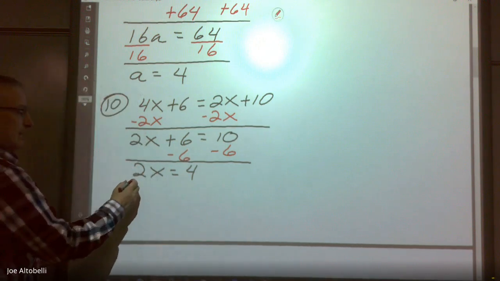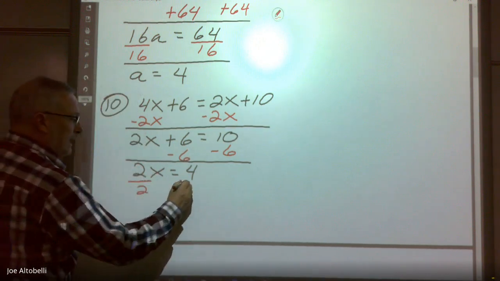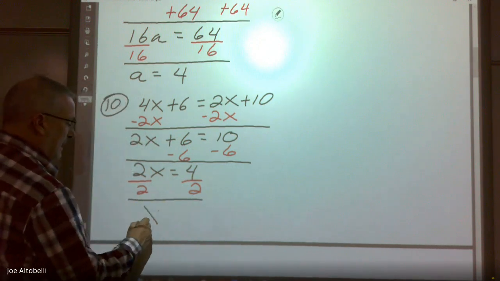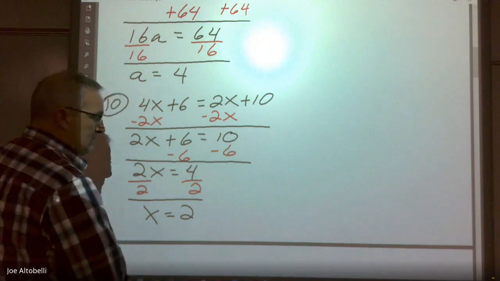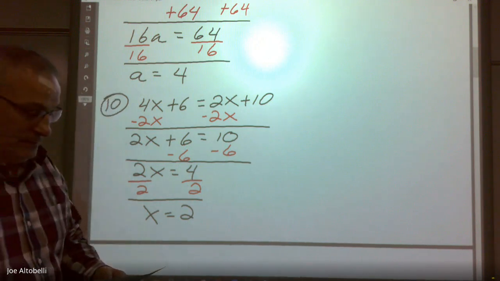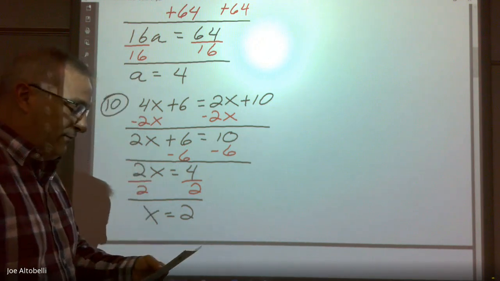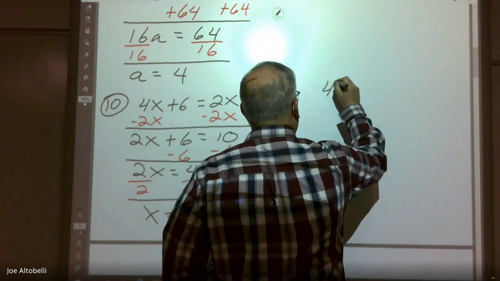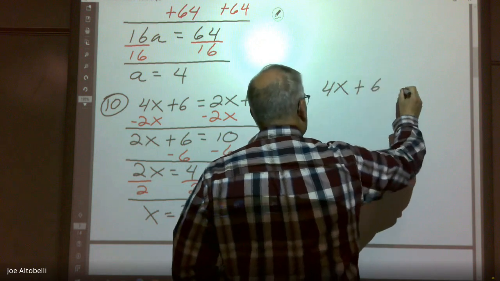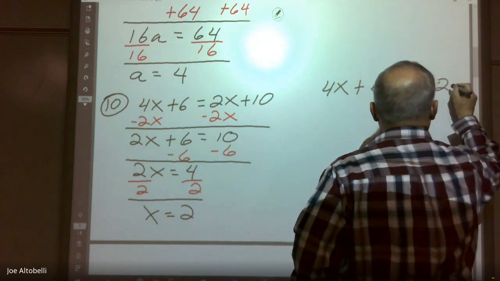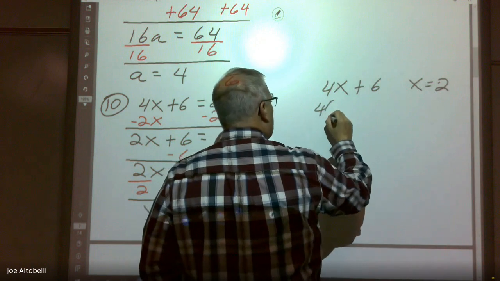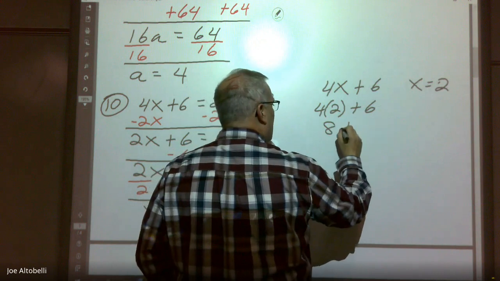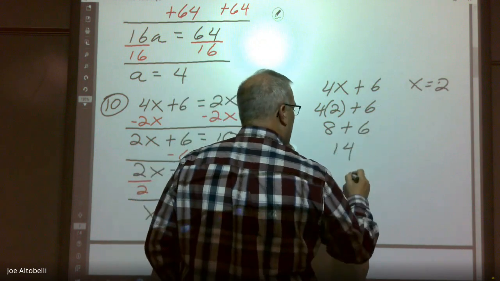This is 2x, and I have to divide, so I divide by the 2. And I get x equals 2. So now x is 2. So it asked me to find the perimeter. If one side is 4x plus 6 and x equals 2, then this is 4 times 2 plus 6. That's 8. 8 plus 6, that's 14.